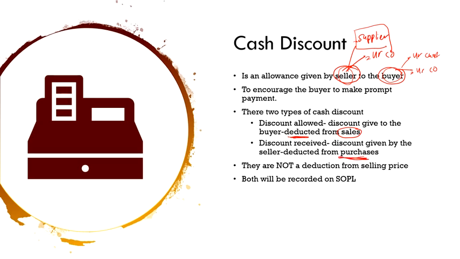Itu beza dia, okay? So they are not a deduction from selling price. Okay? Kalau trade discount, it is a deduction from selling price. Kita terus ditolak kat selling price tu. So both of this discount allowed and discount received will be recorded on SOPL, statement of profit and loss.